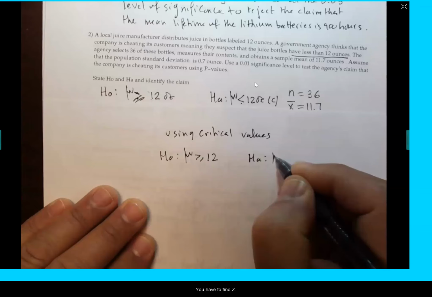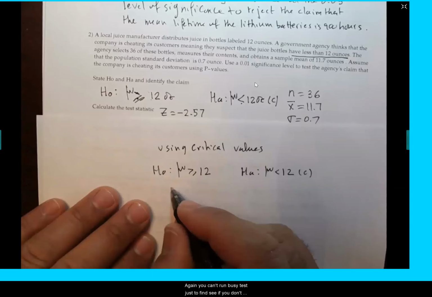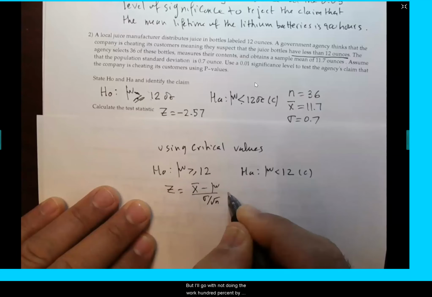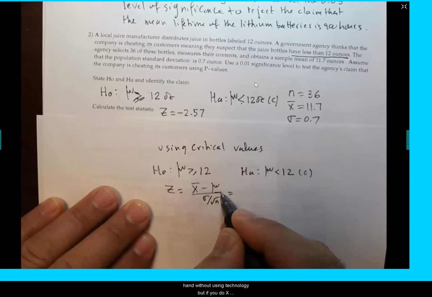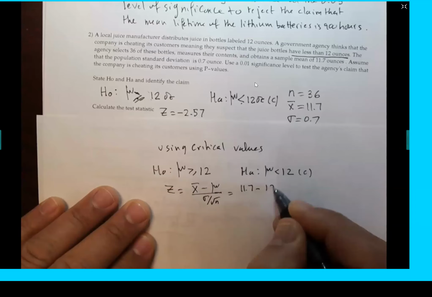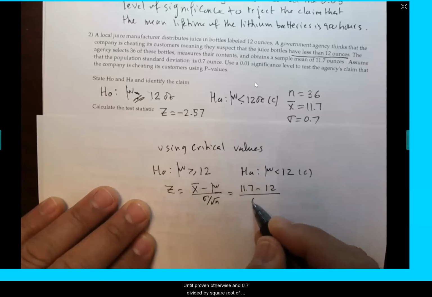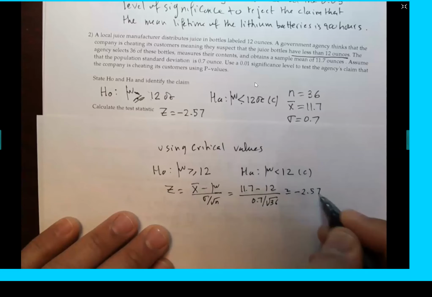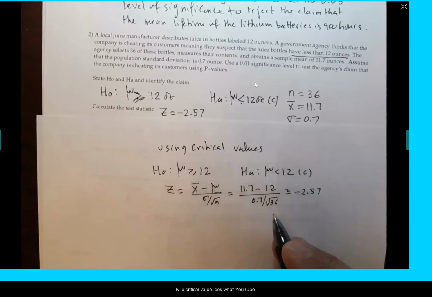You have to find z. Again, you can run the Z-test just to find z if you don't want to do the work, but this is the formula. So the critical value is mainly when you do your work by hand. Well, although we're not doing the work 100% by hand, we are using technology. But if you do x bar, which is 11.7, minus the mean, which we assume is 12, until proven otherwise, and 0.7 divided by square root of 36. Well, I'm not going to do the math, but you know it's going to be negative 2.57. Now, critical value. Look what you do, guys.